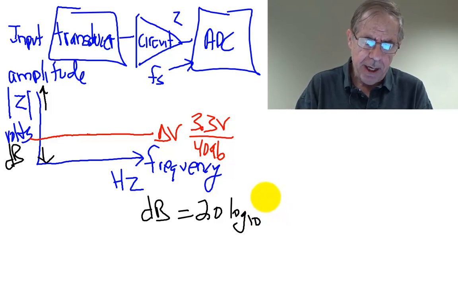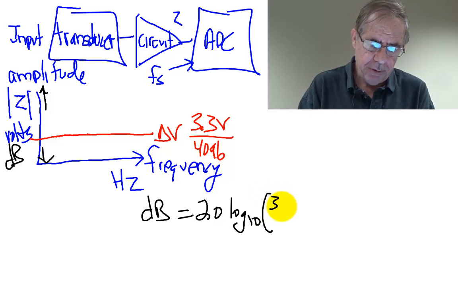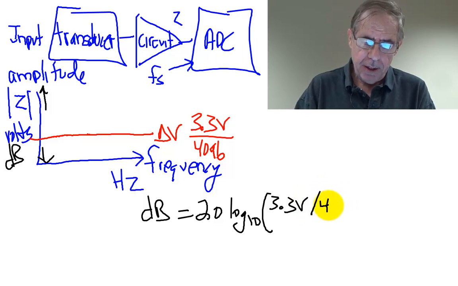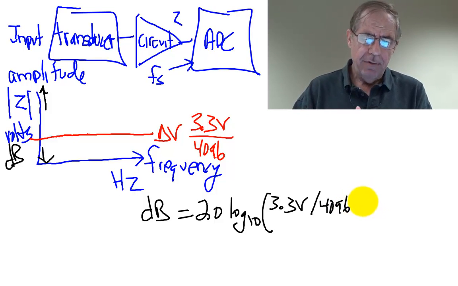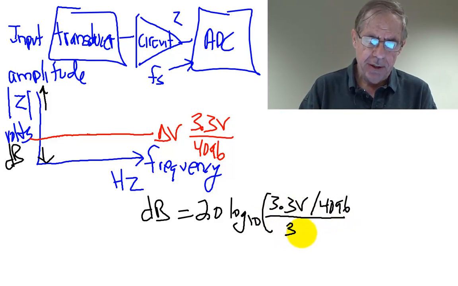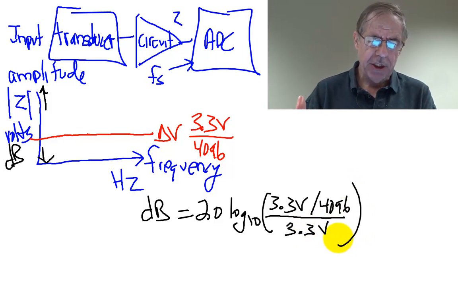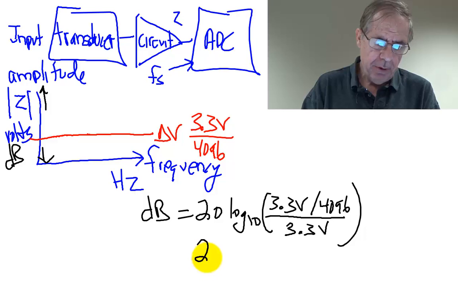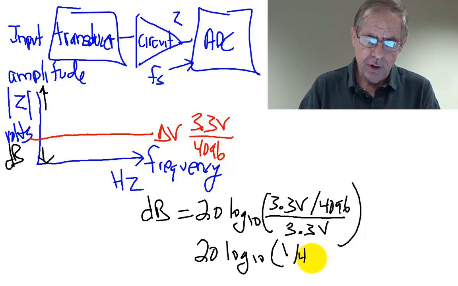We compare the amplitude of this signal, 3.3 volts divided by 4096, but we can't take the logarithm of a volt, so we compare that to the full scale. So what we have here is the calculation of this point here, 20 log base 10 of 1 over 4,096.